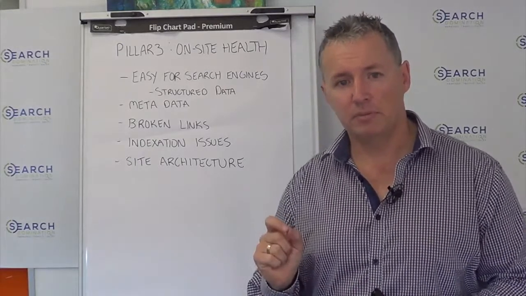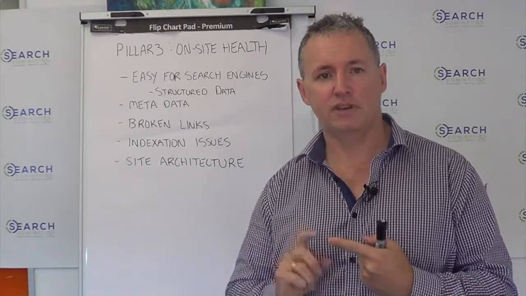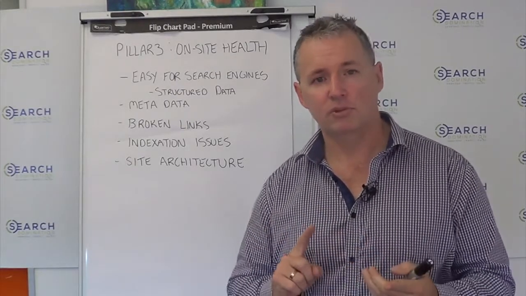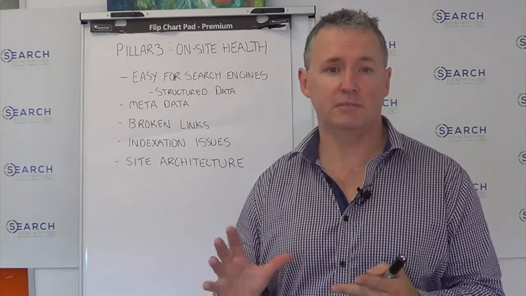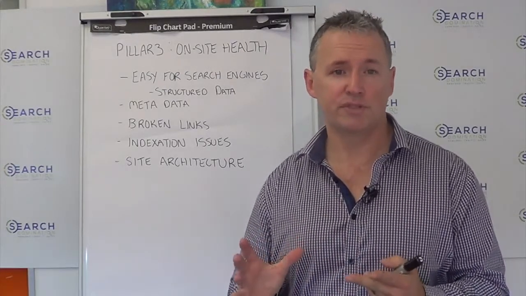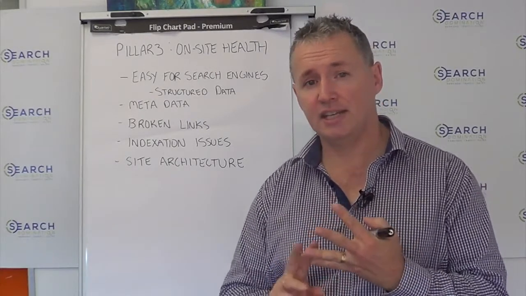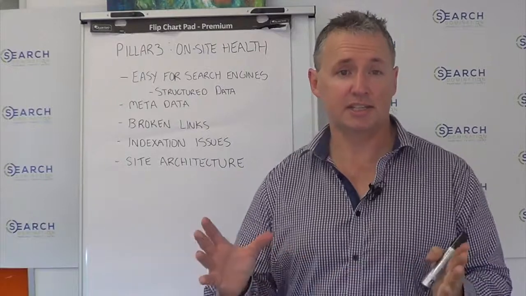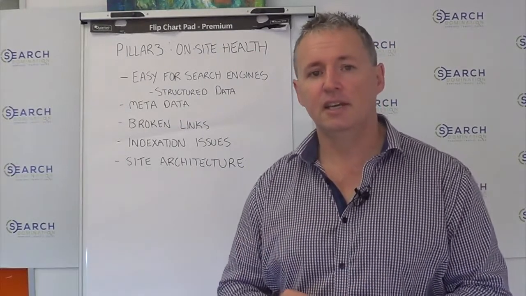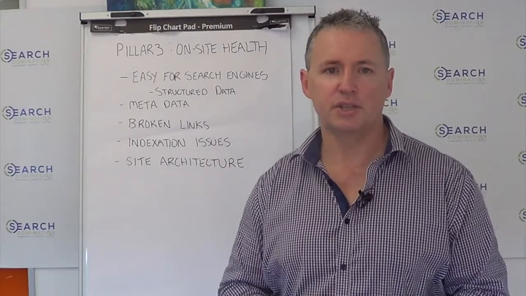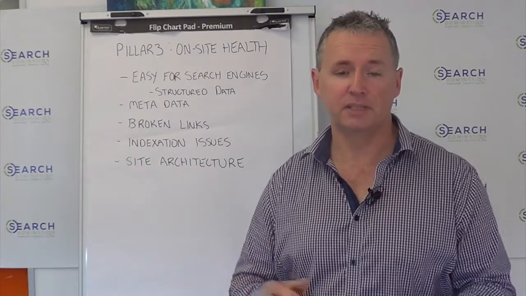So the metadata we're talking about is meta descriptions. Every page should have an original meta description. We're talking about page titles. Every page should have a different page title, and it should be optimized for your keywords. We're talking about H tags, so heading tags, H1, H2, H3 tags, and there are a few others, but they're the main ones that you need to make sure are completed.